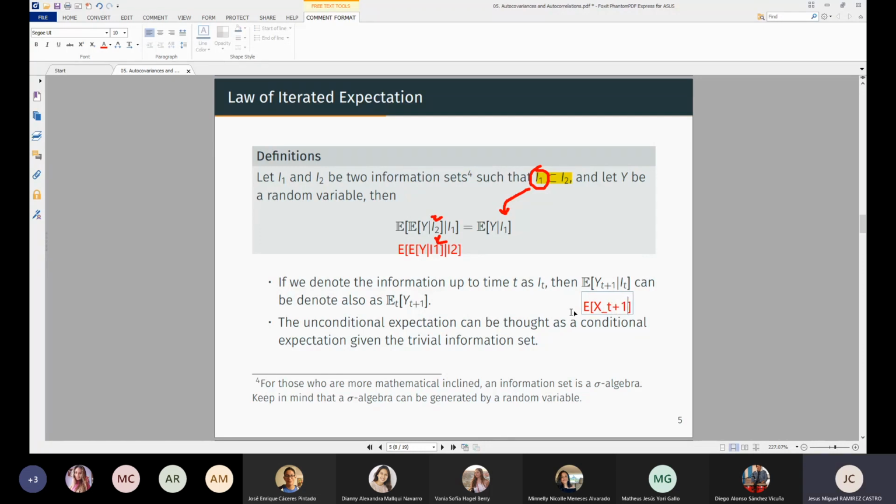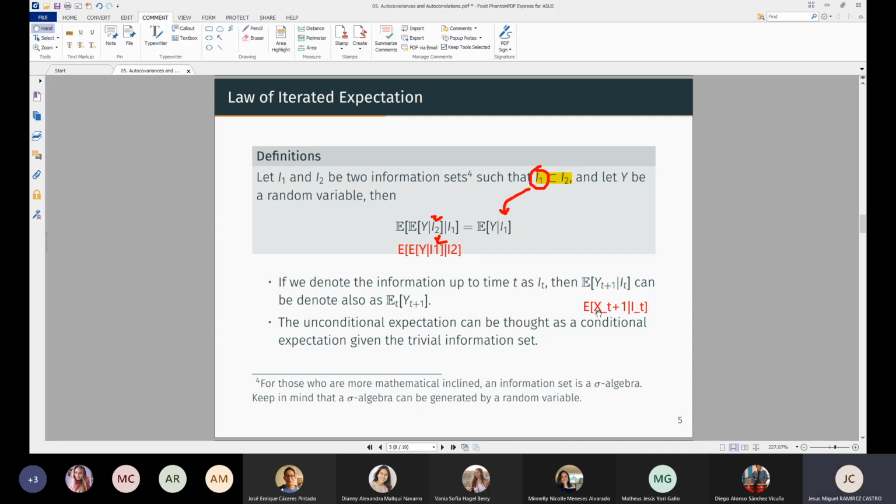The expectation of y_{t+1} given the information at time t doesn't depend on the information up to time t, because this variable is independent from that information.